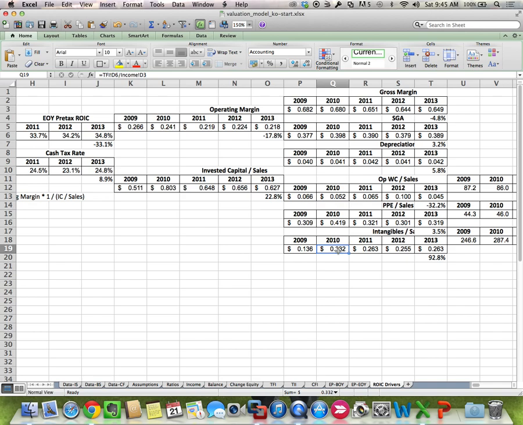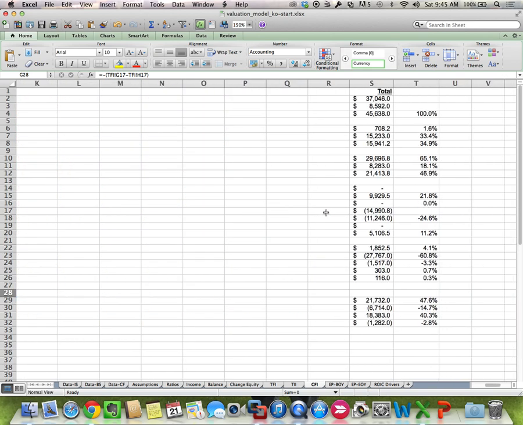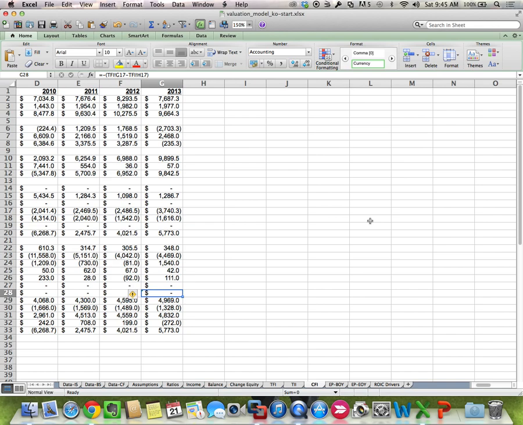Right? And the reason why we're doing that is because before we forecast, we got to have a sense of the past. Matter of fact, our model creates for us the historical CFI. So if we were looking at Coke's CFI, now one thing that you'll see over here in column S is a total, and there's a whole bunch of blank spaces.